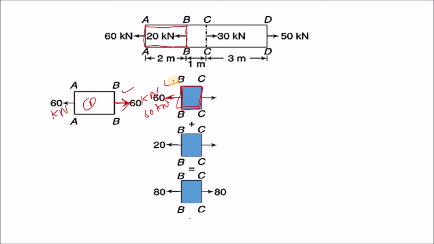Both are in equilibrium now. Now check how much load is acting at that point. At point B, 20 kN is acting on this side, the left side direction, a tensile force. So apply 20 kN at that place. Clear?